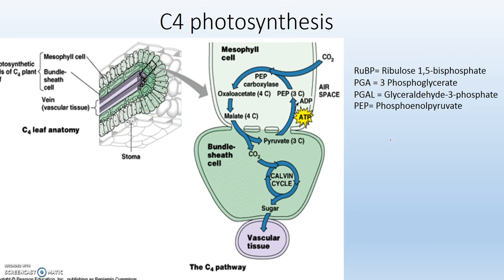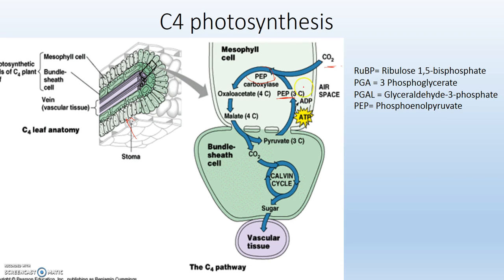So let's see, with C4, what is the difference? In C4 plants, carbon dioxide enters, just like before, through the stomata. And when it enters through the stomata, the first product is grabbed not by ribulose 1,5-bisphosphate, it is actually grabbed by PEP, which is a 3-carbon compound, phosphoenol pyruvate.